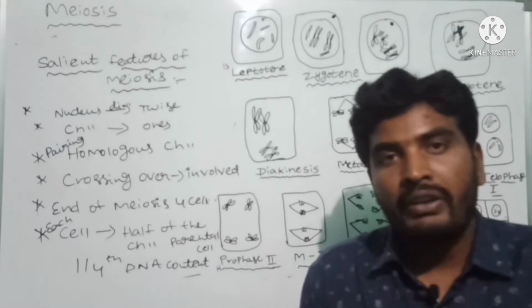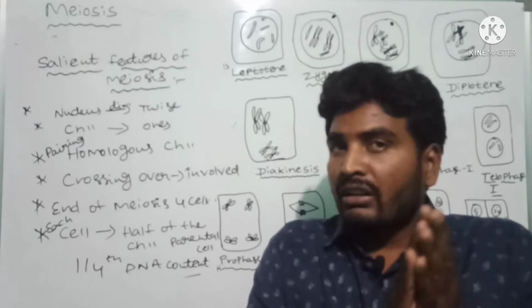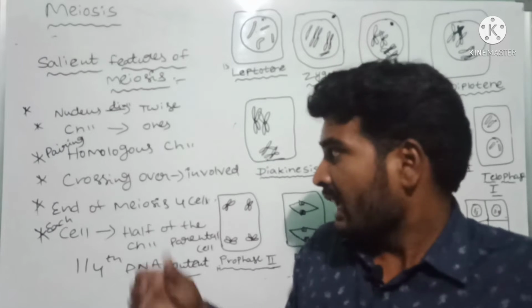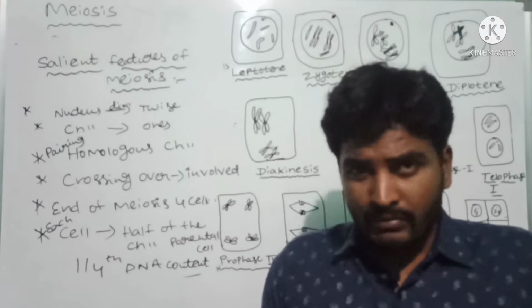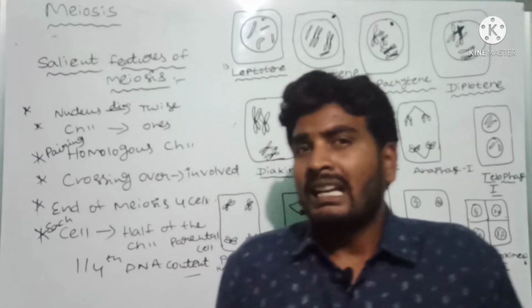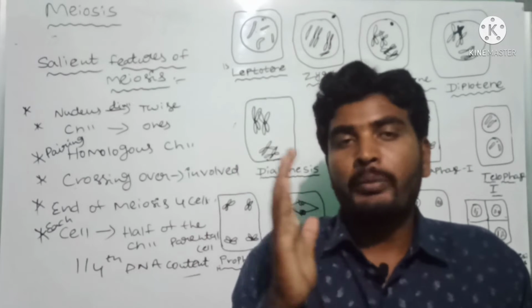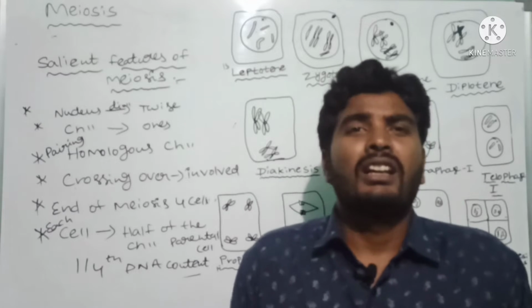Crossing over is the exchange of genetic material between non-sister chromatids. What are sister and non-sister chromatids? Chromatids of the same chromosome are called sister chromatids.